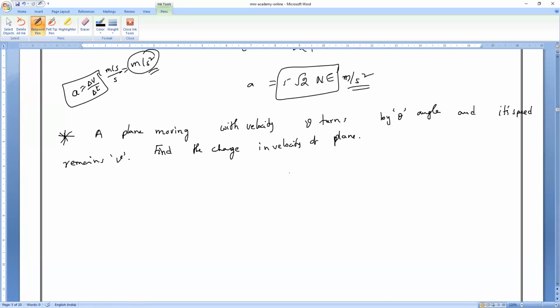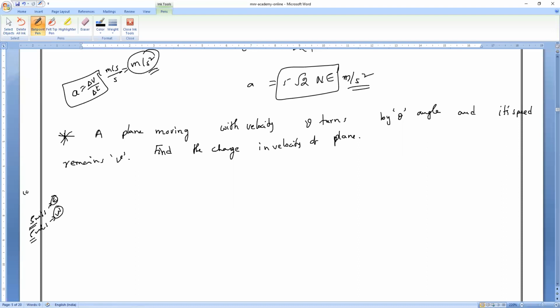For example, I have 5 meter per second towards the east and 5 meter per second towards the west. Are both the same or different velocities? Different. Even though the magnitude is the same, the direction is not the same. Be very careful.